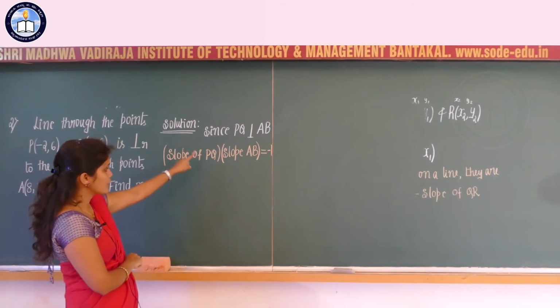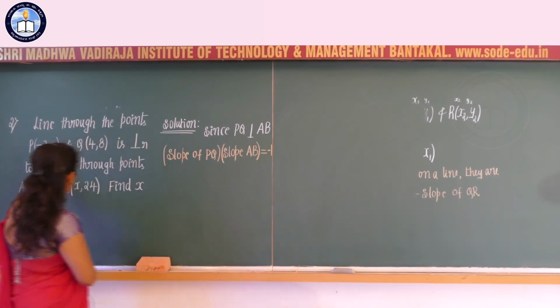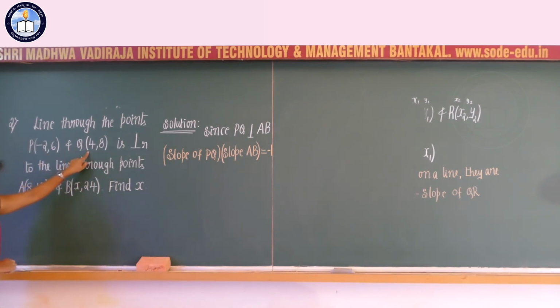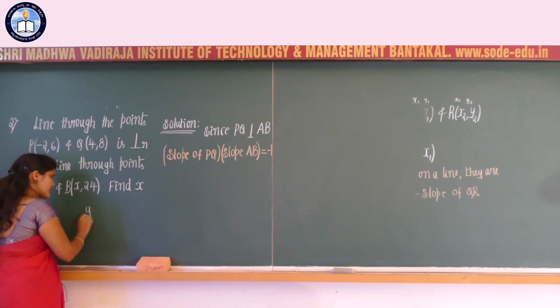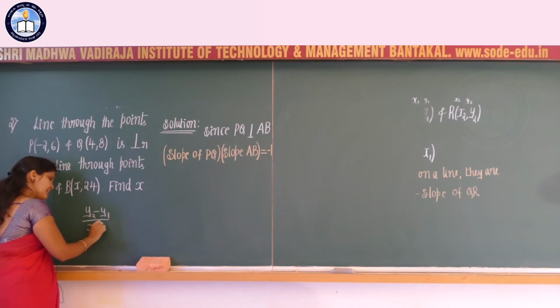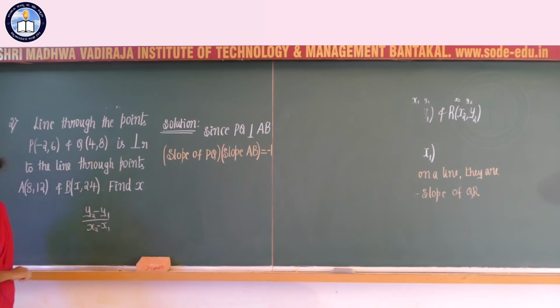What is the slope of PQ? If two ordered pairs are given, then the slope is given by the formula y2 minus y1 divided by x2 minus x1.